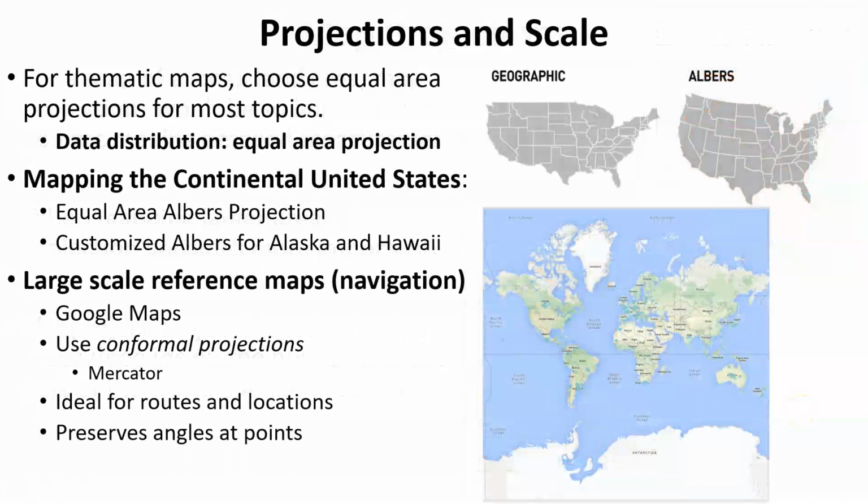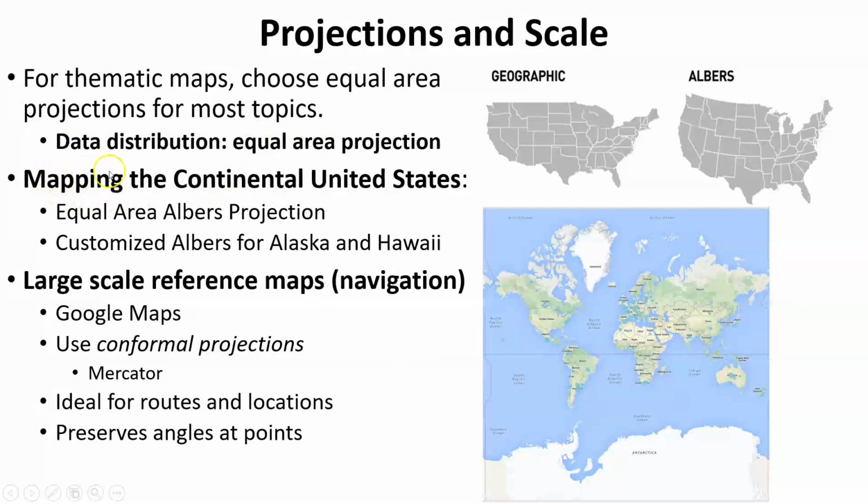When we are working with thematic maps, remember a thematic map is a map that is not used for navigation. It's a map that is focusing on a specific theme. For this type of map, we want to choose what is known as an equal area projection. The reason is that equal areas also affect the way the data appears as it is distributed in space.